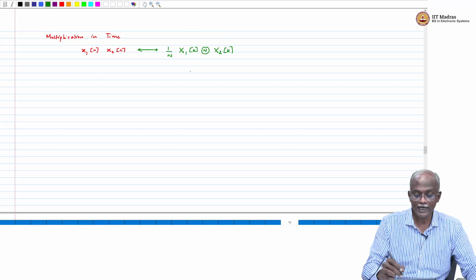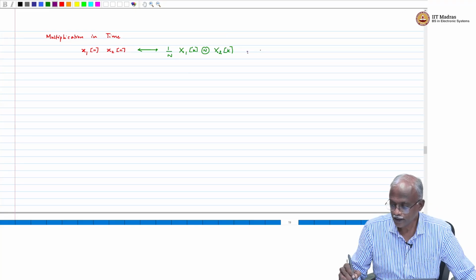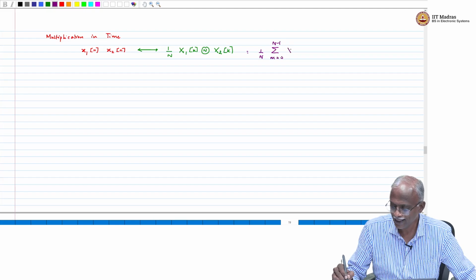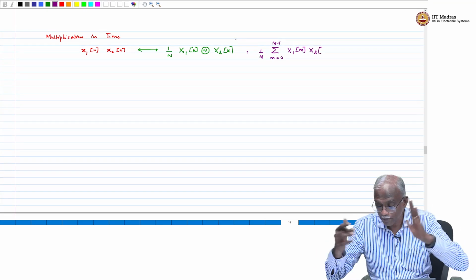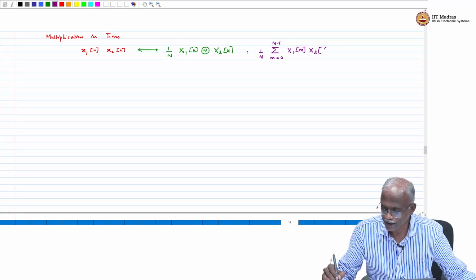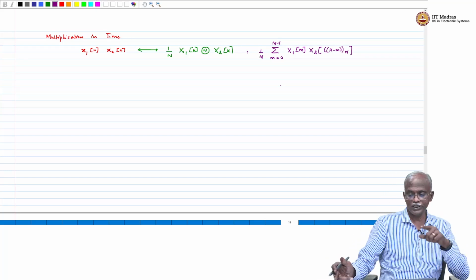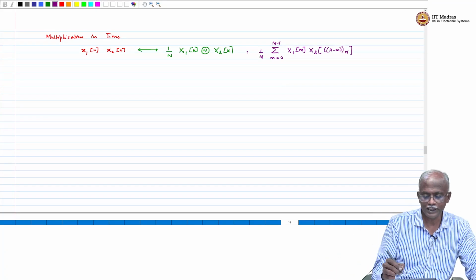You must be able to write down the expression. This is nothing but 1 over N, summation m equal to 0 through N minus 1, X1 of m X2 of k minus m, but k minus m may go outside the range, so you take it as k minus m modulo N. So this is the N-point circular convolution. This is multiplication in time.